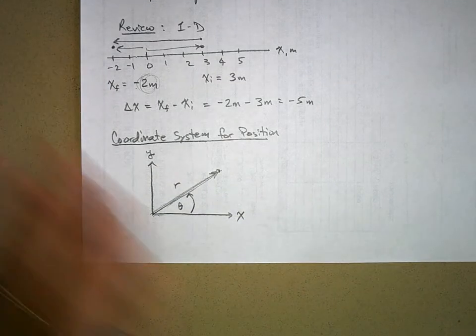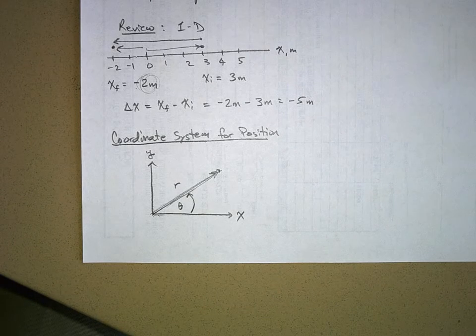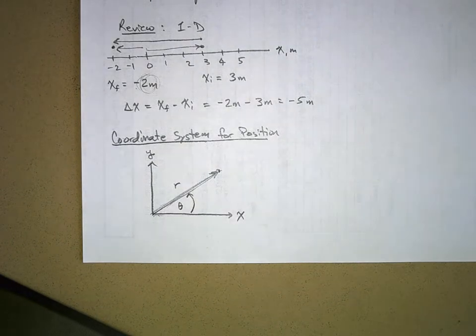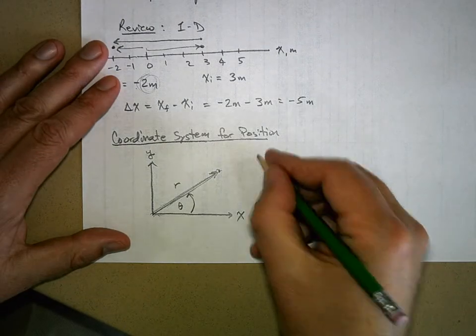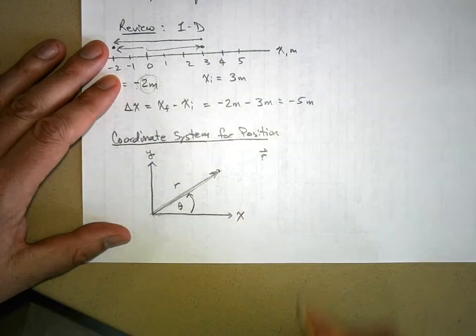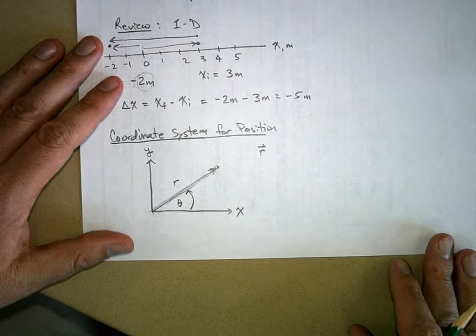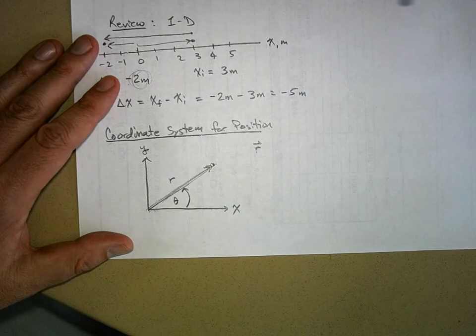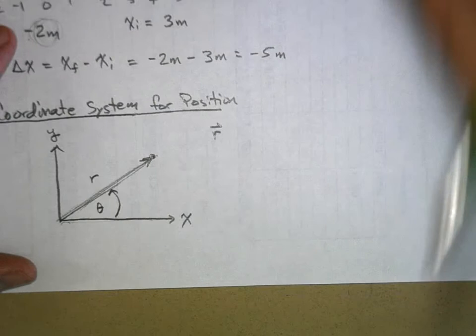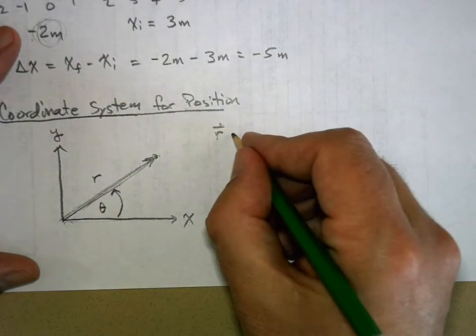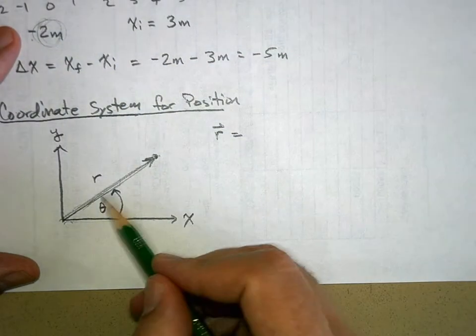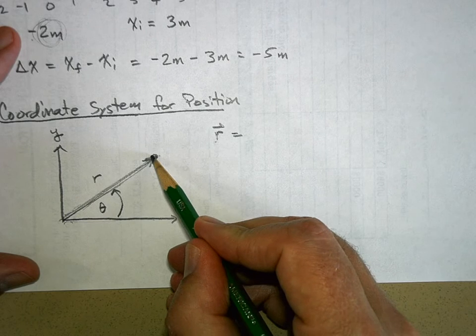So my position at that location in space, I can specify it with an r vector, like this, this little r with the vector head on it. And I'll say, okay, look, this vector has a magnitude.